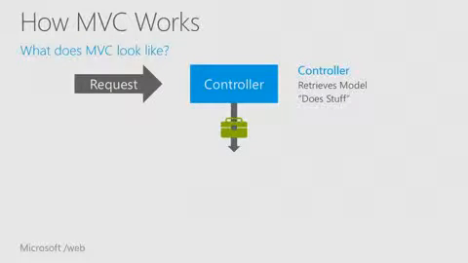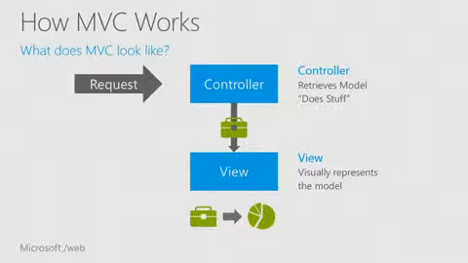A lot of the work of model view controller is to separate things out. Things have specific responsibilities. So a controller accepts a URL request, does something, comes up with a result, and passes it on. It passes that in the form of a model. I've got that displayed here as a lovely green sort of suitcase-looking thing. So it gives that model to a view.